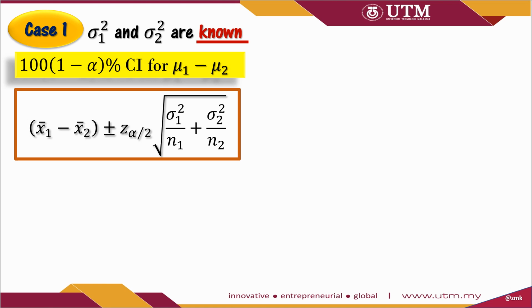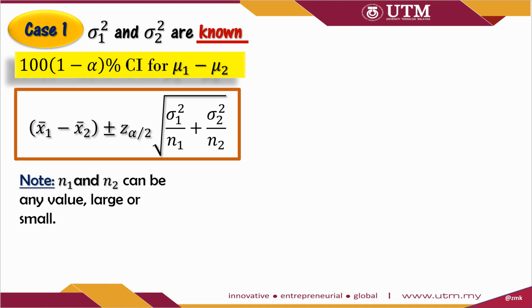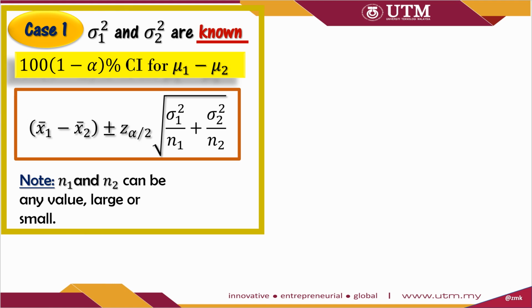For this case 1, we do not have any constraint on the sample sizes n1 and n2. These sample sizes can either be large or small. So this is what case 1 is all about.